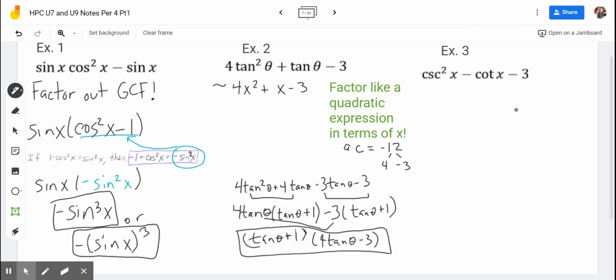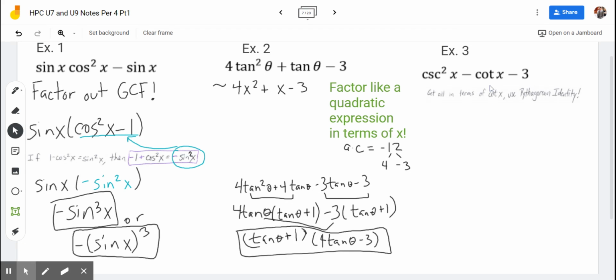And lastly, we're going to take a look at example 3. We have cosecant squared x minus cotan x minus 3. Immediately looking at it, we see the expression is in terms of two different functions. So that's our first task: we need to rewrite this so it's all in terms of one function. We're going to get everything in terms of cotan of x.